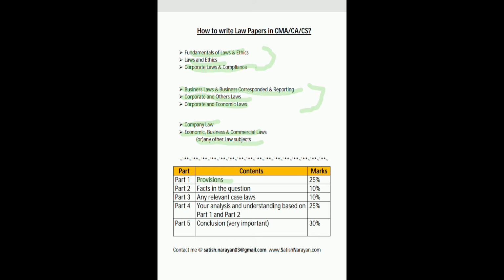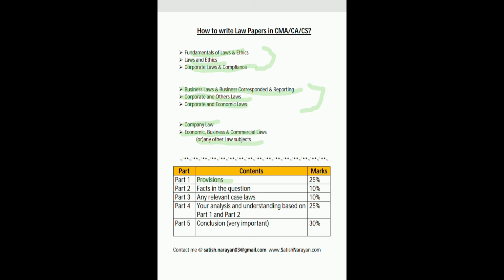If you are in doubt about the section number, do not write it. Just write: as per the provisions of the Companies Act 2013, directors cannot be reappointed for the next time. Something like that you can start with, followed by bullet points for each of those provisions.